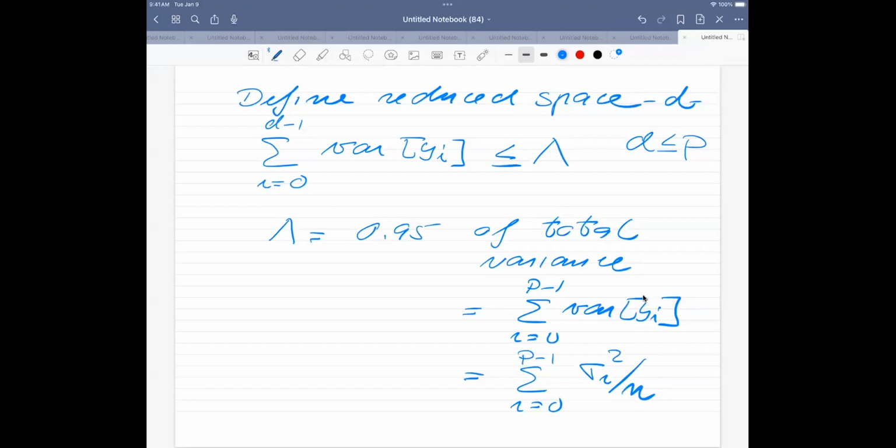But suppose now that you accept that you reproduce only 95% of the total variance, then you can use this D as an effective degree of freedom. So if P was 10,000 and D is 10, then you have only 10 features. But keep in mind that these 10 are linear combinations of all the 10,000 you have.